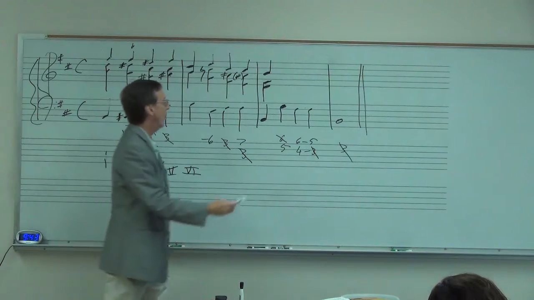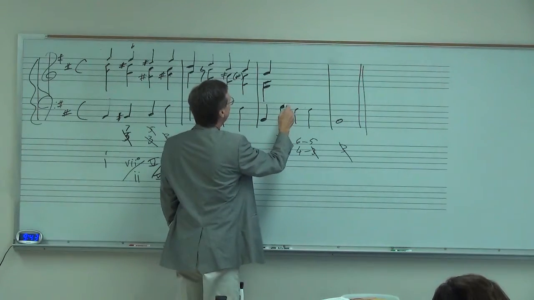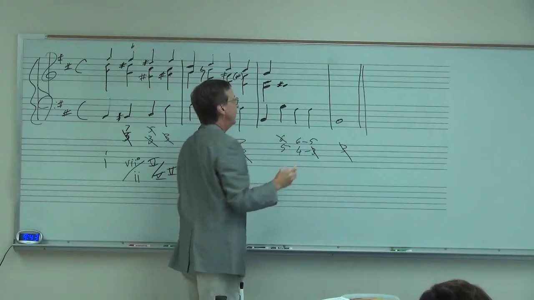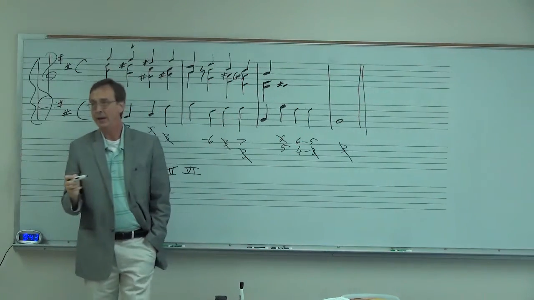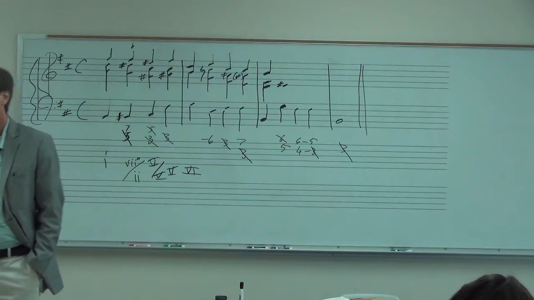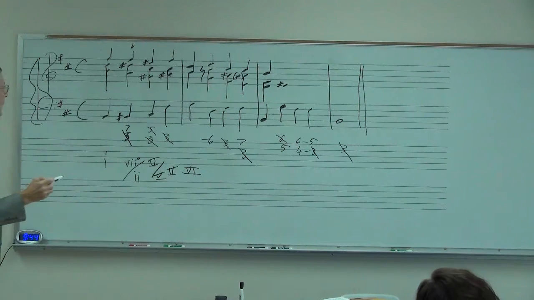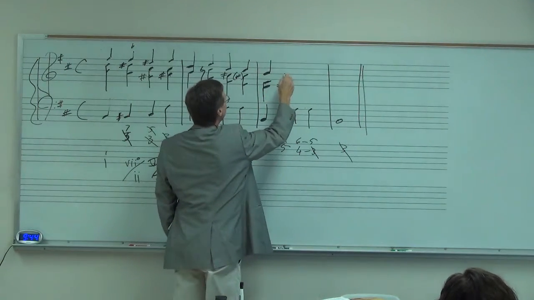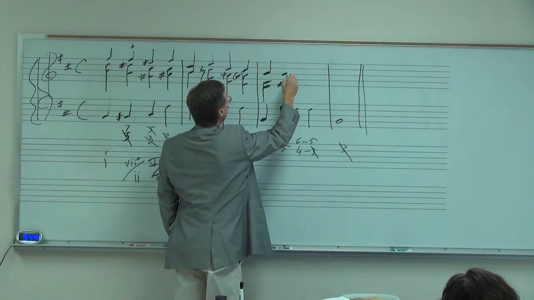So this note is going to go to the E sharp. Okie dokie. Do you understand why I did that? Because otherwise I would have an illegal interval, wouldn't I? Yes, I would. Okay, so the B can just stay where it's at, can it?